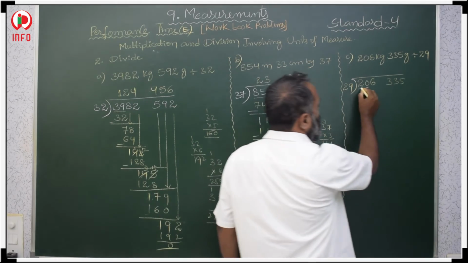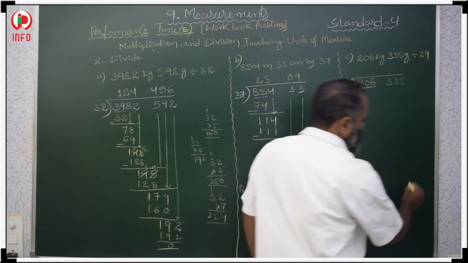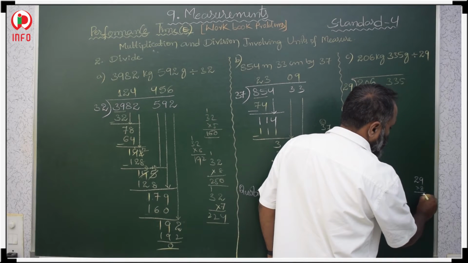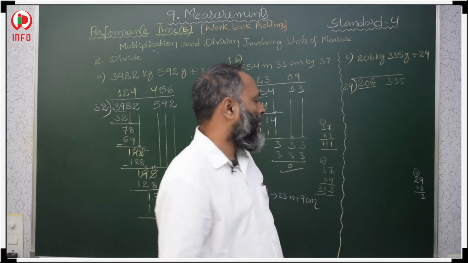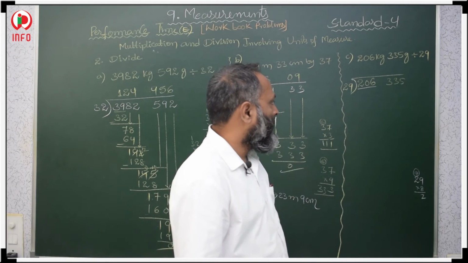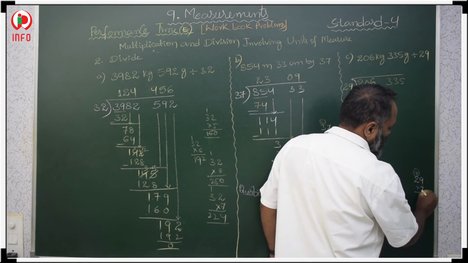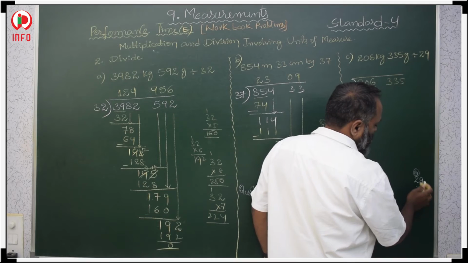So it means we should take 3 digits at a time. 206, 29 into 8, 8 9s are 72, 8 2s are 16, 16 plus 7, it is more than that. Then once you check 7s, 7 9s are 63 and 6, 7 2s are 14.